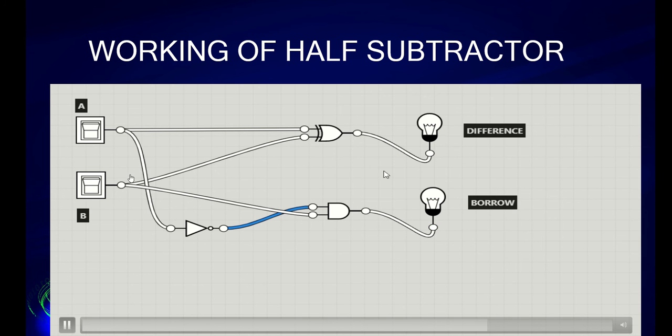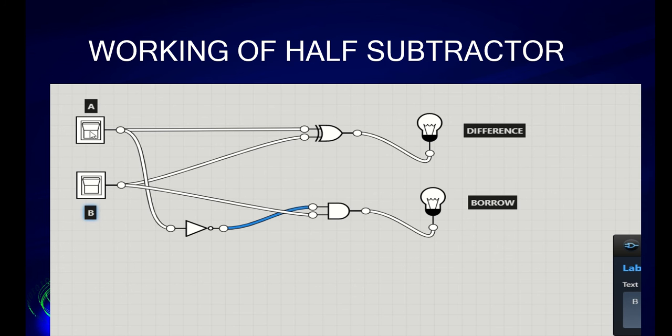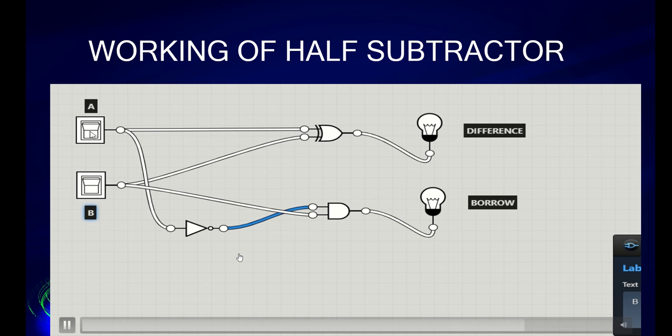So when A and B are 0, the output difference and borrow will be 0. Let's just move them a bit aside. When A is 0 and B is 1, the difference and borrow will be 1.